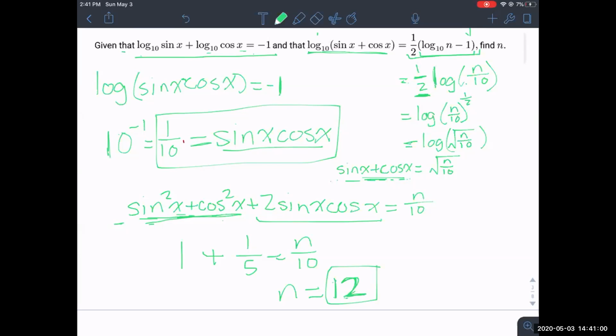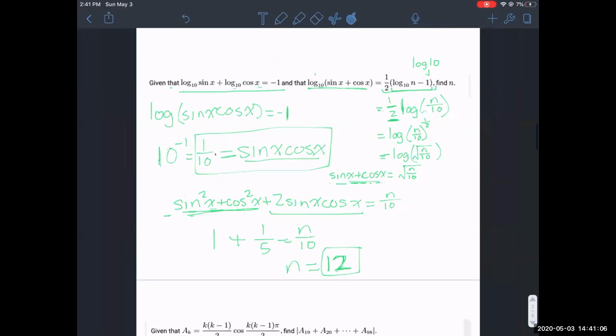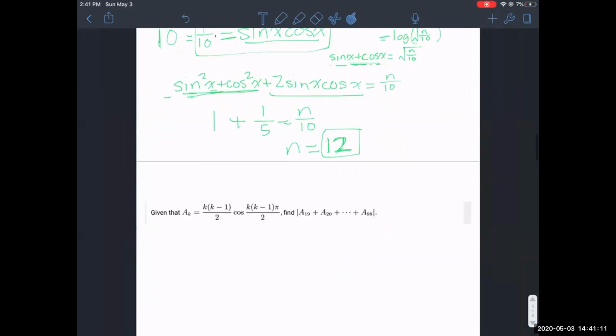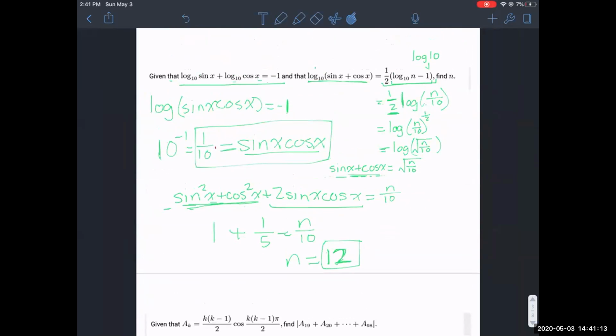For the next couple of questions, I'm just going to pick and choose which ones are better than others. I'll leave this one up for a bit though.